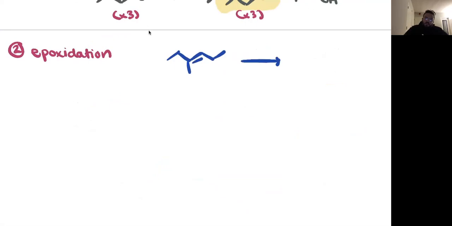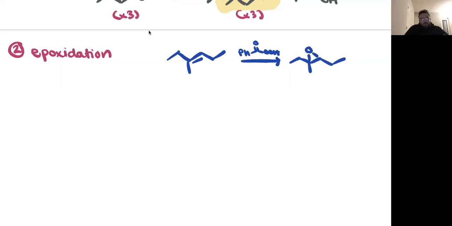So in order to do epoxidation, you are going to need a couple things. You will need something called a peracid or peroxyacid, which looks like this. And as the name implies, you will be forming an epoxide. Epoxide is a 3-membered ring that contains an ether, which looks like this.